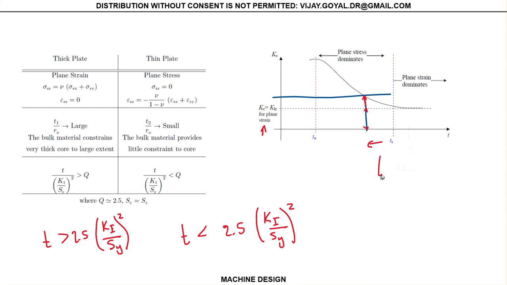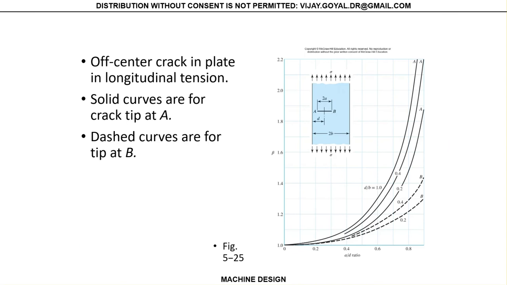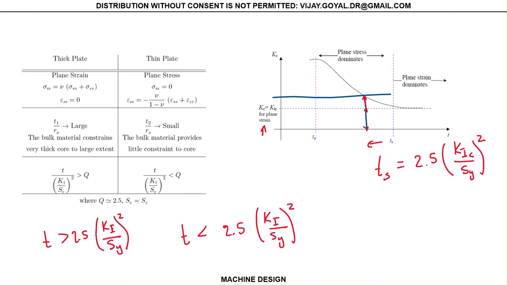So your T of S is actually going to equal 2.5 (K1C / yield strength) squared. So in such a case, if we are working in plane stress, the equations that are valid will be the following.